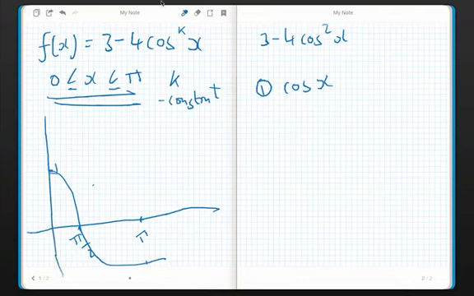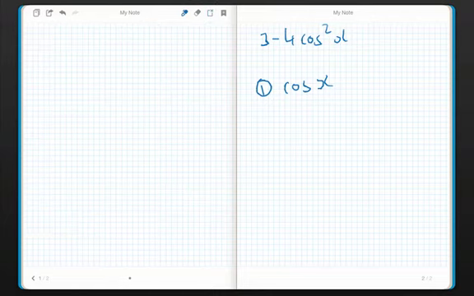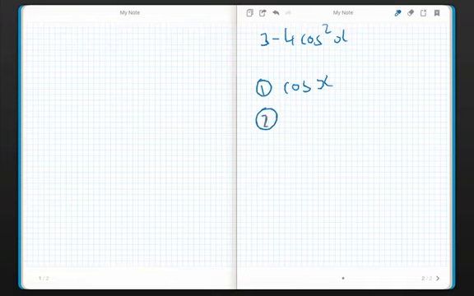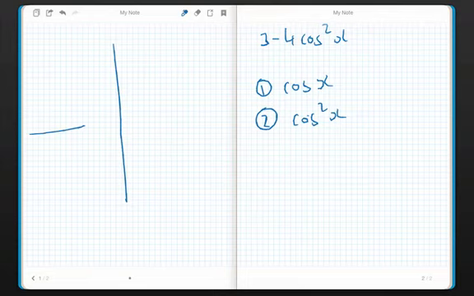Now, if I clear this page, I hope you got this, let's graph the second part, that is cos squared x. Now how do we graph cos squared x? If we put our 1 over here, we put pi by 2, and we put pi, then we know that cos squared of 0 is 1.